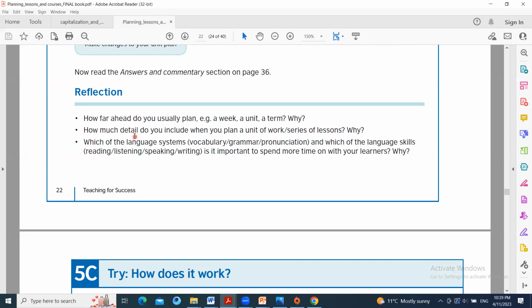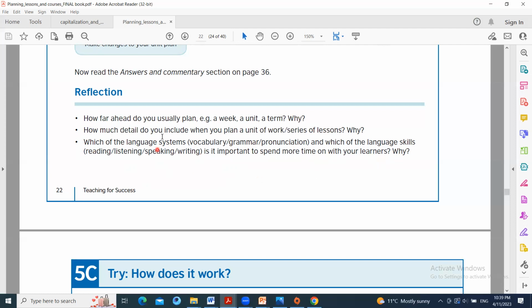How much detail do you include when you plan a unit of work or series of lessons, and why? Which of the language systems, vocabulary, grammar, pronunciation, and which of the language skills, reading, listening, speaking, or writing, is it important to spend more time on with your learners, and why?